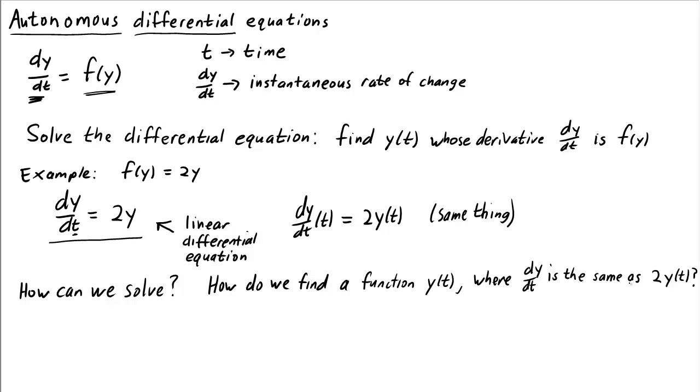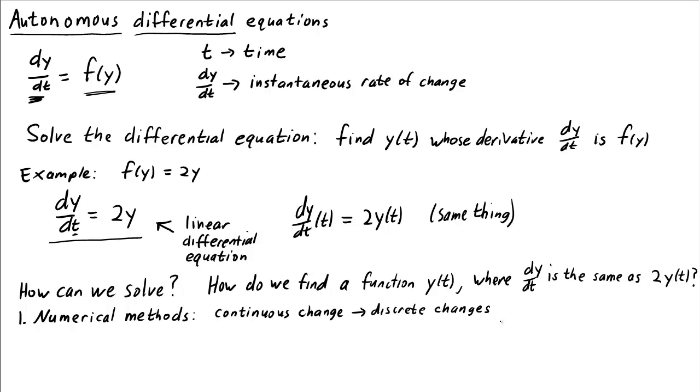We have three main methods. One class of methods are the numerical methods. In numerical methods, we approximate the continuous change of the differential equation with discrete jumps in time. By doing this, we get a formula for evolving from one time step to the next, like a discrete dynamical system.